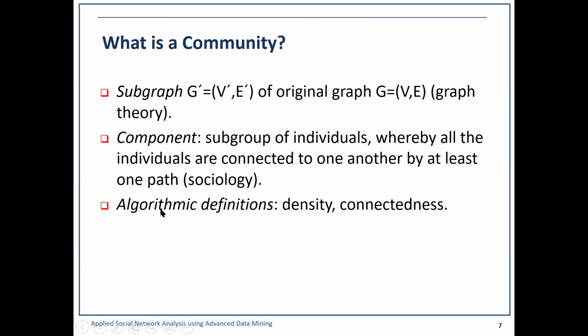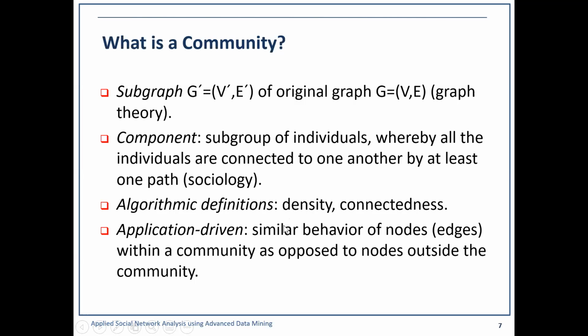There is an algorithmic definition, and that's the one we will use mainly here: density and also connectedness, but we will focus on density. And also we can define community based on a particular application, for example, similarity of nodes or edges, which I use interchangeably. That was the notion Vinodeep said, similar behavior of nodes. So we can cluster nodes in order to have similar nodes together in one community.